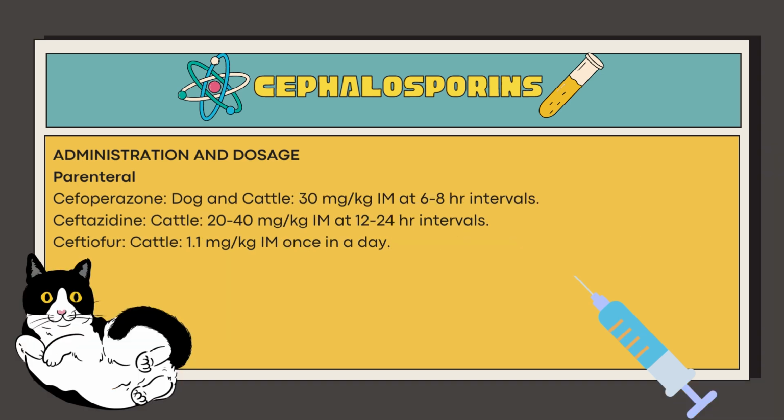And for the cefoperazone for dog and cattle, 30 milligrams per kilogram intramuscularly at 6 to 8-hour intervals, and the ceftazidime for cattle, 20 to 40 milligrams per kilogram intramuscularly at 12 to 24-hour intervals, and for the ceftiofur for cattle, 1.1 milligrams per kilogram intramuscularly once a day.